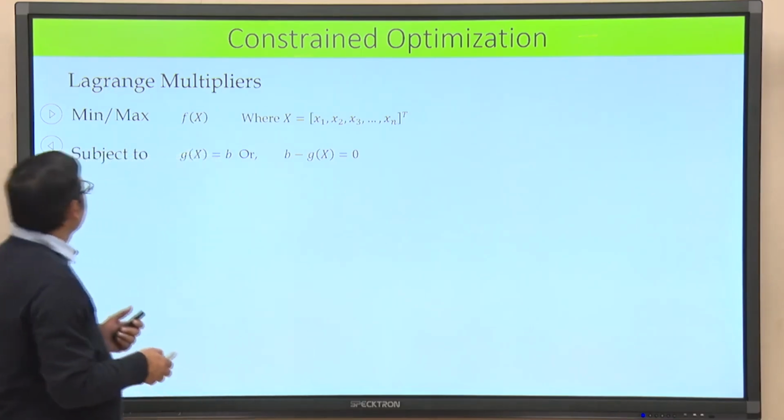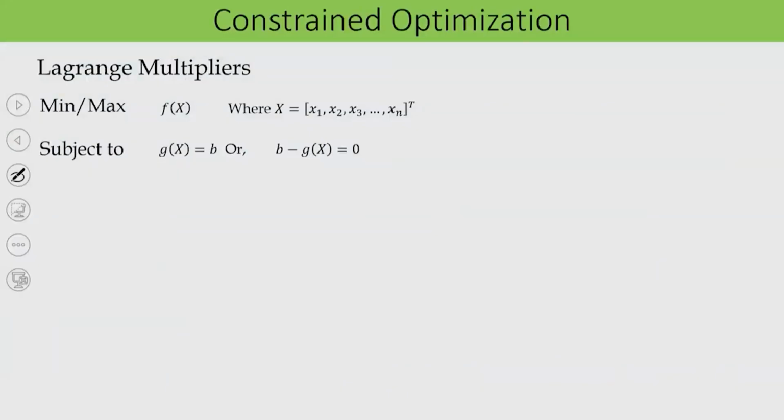So, let us see here. This is a minimization or maximization problem: min or max f(x), with n variables, subject to g(x) = b. I can write this as b minus g(x) = 0. Here b is the right hand side of the equality constraint.